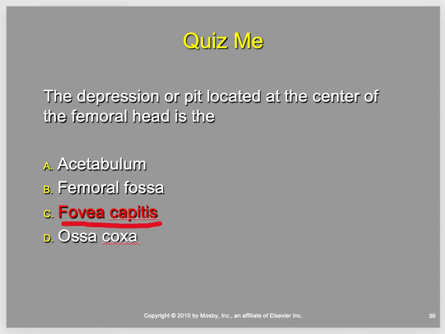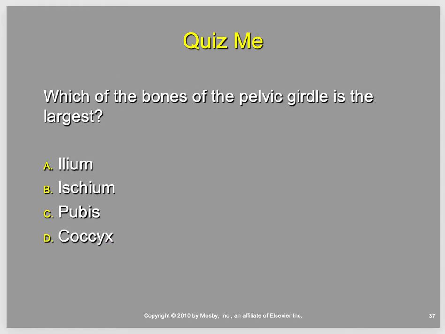Which of the bones of the pelvic girdle is the largest? We know that we have several bones in that pelvic girdle. Are we talking the ilium, the ischium, the pubis, or the coccyx? And we know that it is the ilium that is the largest bone in the pelvic girdle.